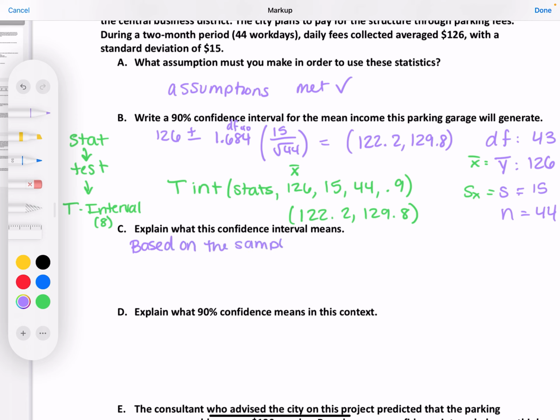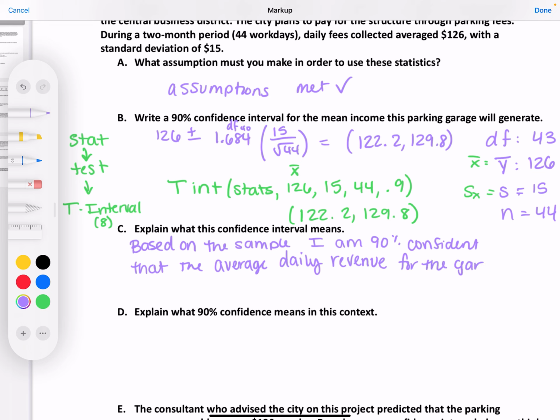Based on the sample, I am 90% confident that the average daily, I guess you don't technically have to put it, but it's not something I'm going to take off for, revenue for the garage is between $122.20 and $129.80.